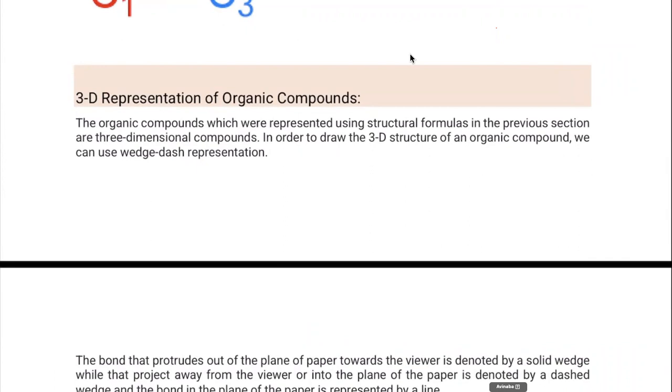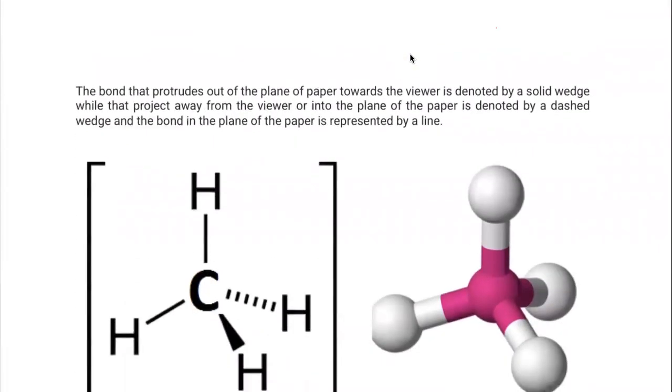That means suppose 2 bonds are in plane and a third bond is not in plane, the third bond will be out of plane. So in order to draw the 3D structure of an organic compound, we can use wedge and dash representation. See.